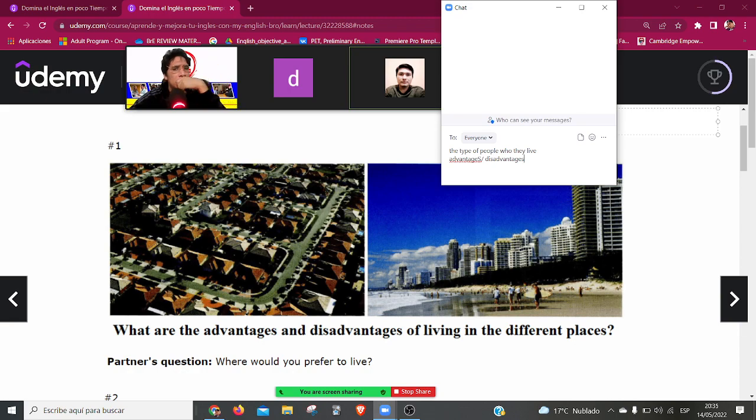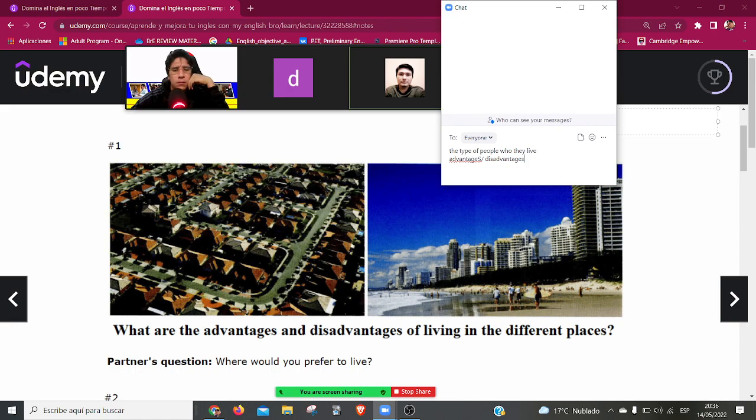For example, if you live in a neighborhood, in the case of the first picture, probably you find friends or people that you see all your life. And in the second context, probably in a building, you don't know or consider to have neighbors.